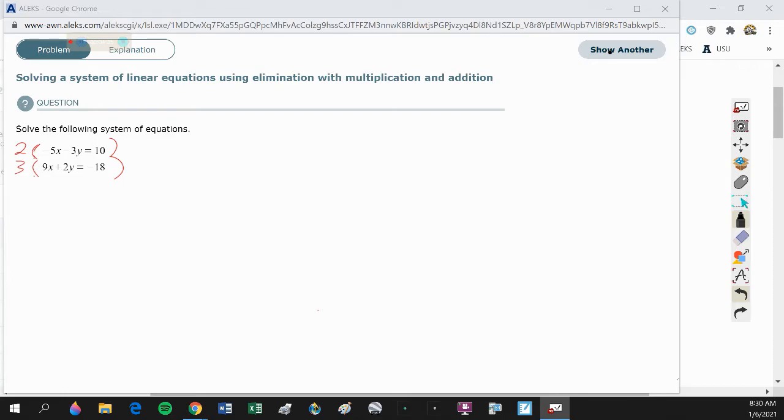And then the y's will both be 6's. One will be positive, one will be negative. Or I could times the top by 9 and the bottom by 5, but if you have a choice between big numbers and small numbers, I would pick small numbers. But it's going to work both ways. Do you want to see me solve this? Or do you guys understand it? You get it? Okay.